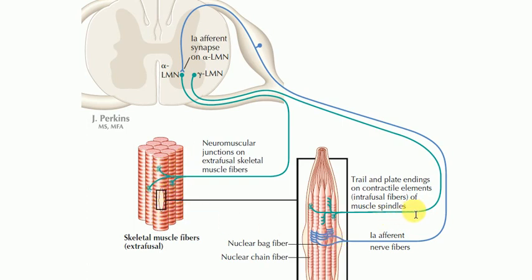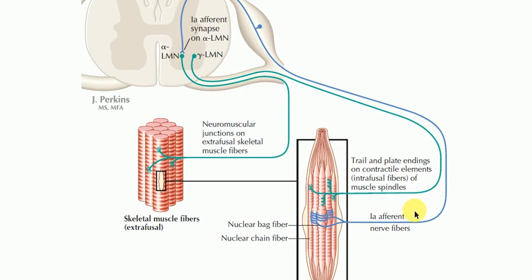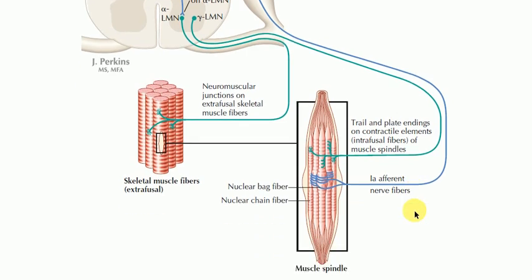Now if you look into a little bit of detail of the muscle spindle, you can see that the muscle spindle also consists of contractile elements and contractile fibers, and these are the intrafusal fibers.